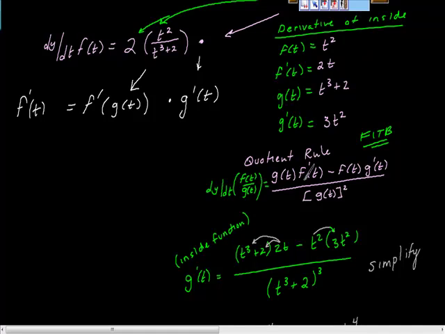This is g of t times f prime at t minus f of t times g prime at t, over g of t quantity squared. We already got all these pieces, and now we're going to go through here and fill in the blanks. Remember, we're looking for the derivative of this inside function here.